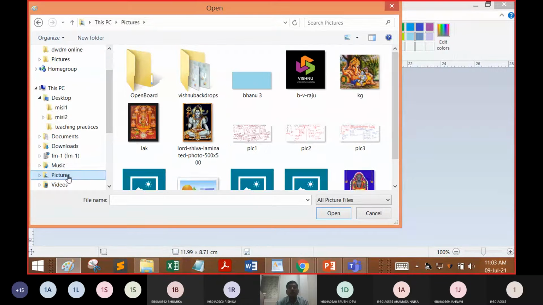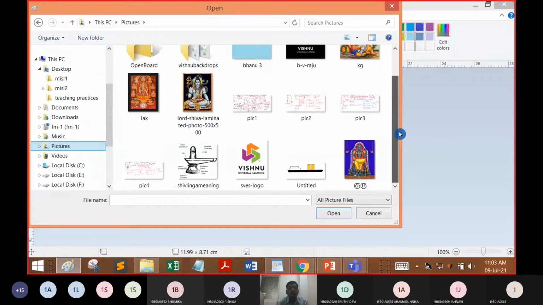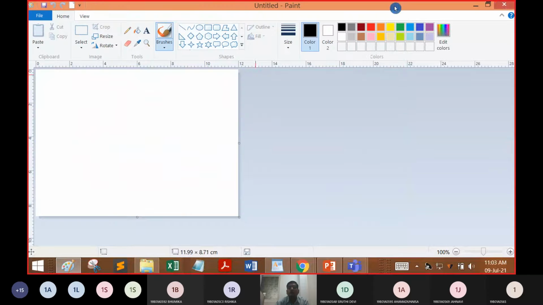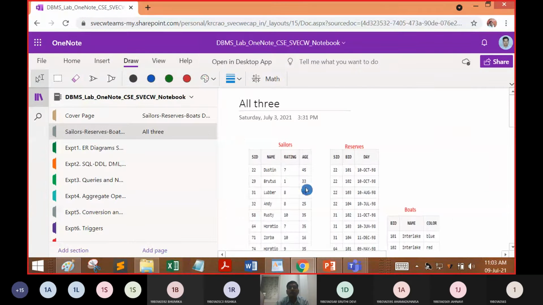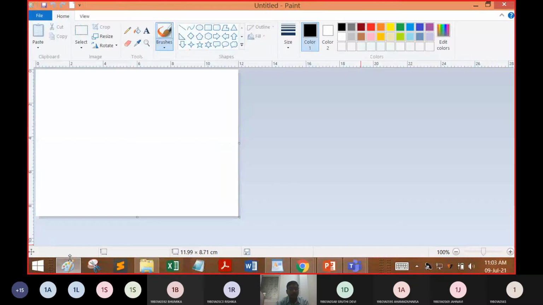It's not there. There are no pictures available. I'll put this in Paint so I can give you a clear understanding of what we were talking about.